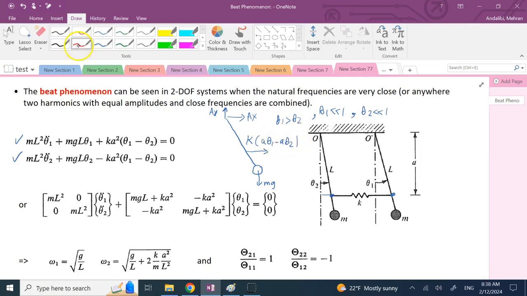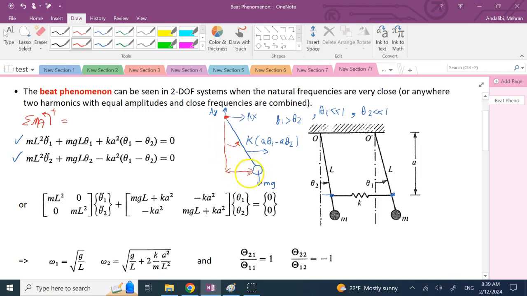Now take the sum of the moments about point A. This angle is counterclockwise, so we go counterclockwise positive. The mg has this distance, which is L times tangent of theta, or sine, doesn't matter, both of them are theta.